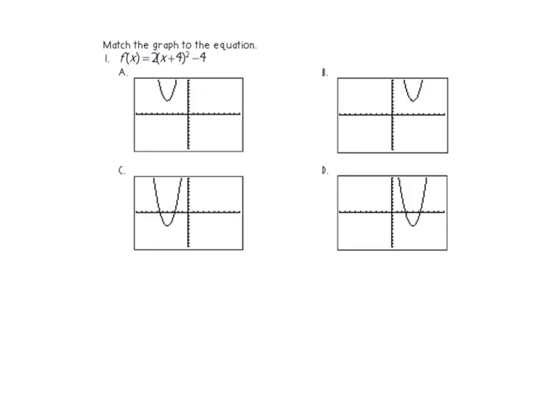For the second example, it says match the graph to the equation. So if we look at our equation and write ourselves some notes, I have this 2 for my A, and that means it's going to get skinnier. If I go on to my H value, I have x plus 4, which would move left, so it's going to shift left 4.